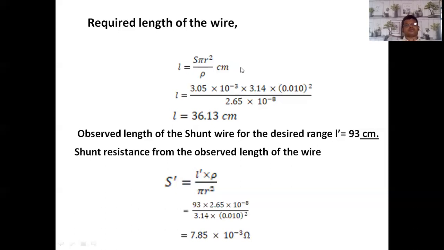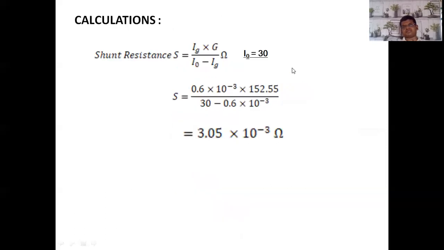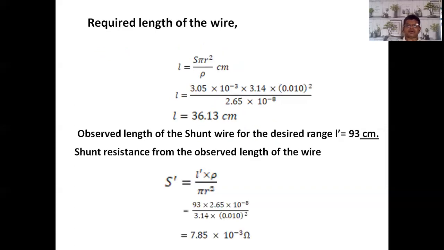So friends, we compare both values: from the calculation we found 3.05 multiplied by 10 raised to minus 3, and after observation we found 7.85 multiplied by 10 raised to minus 3. Here you find not much change, because 10 raised to minus 3 is common, only the first values differ, 3 point and 7 point.